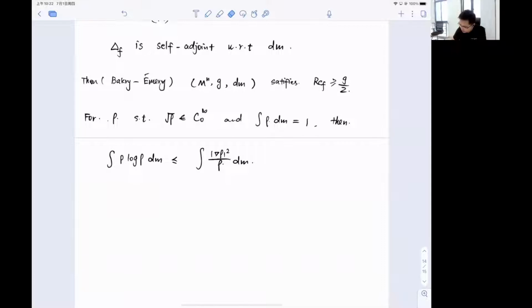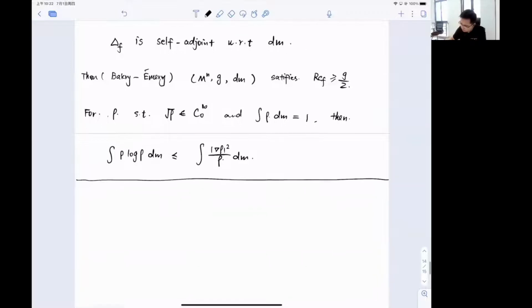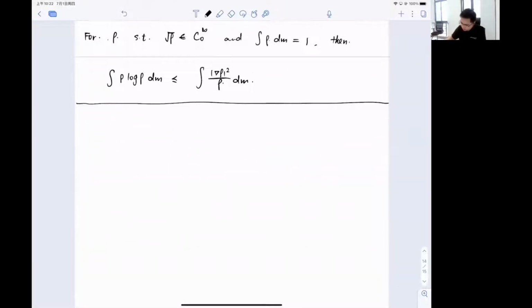Before we do that, I will first write down the definition of Perelman's entropy. Perelman's entropy is defined for any complete Riemannian manifold with a positive scaling factor tau.